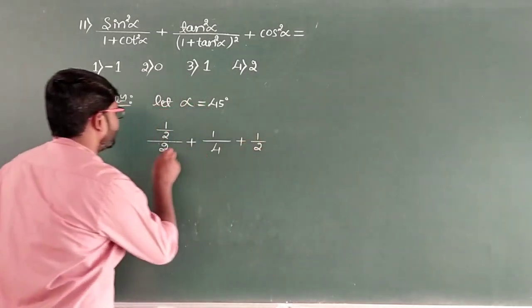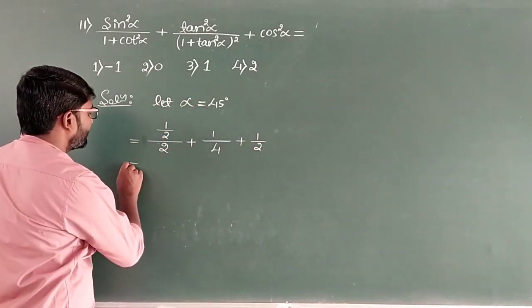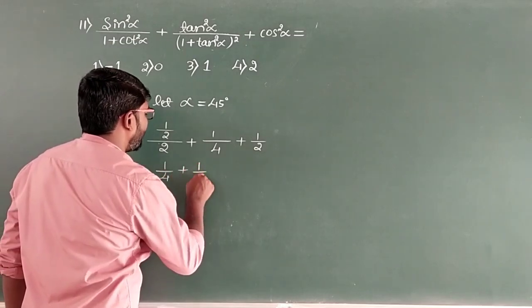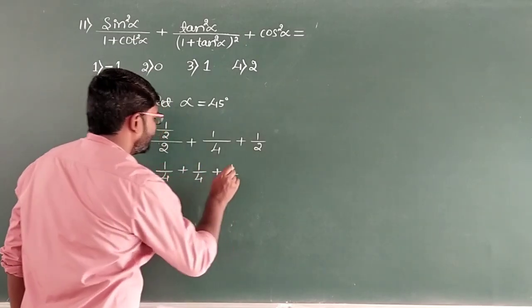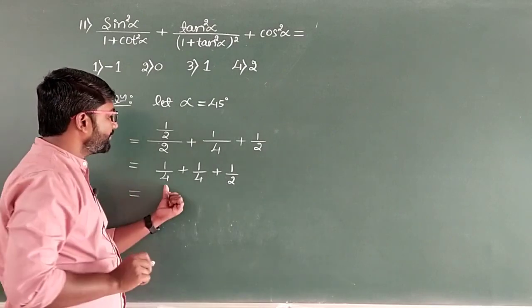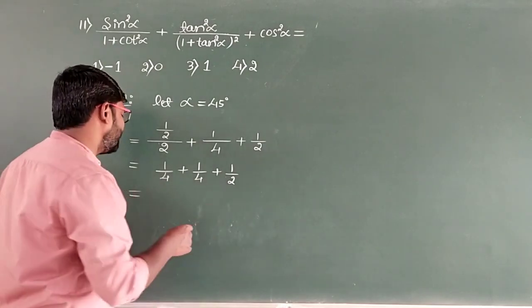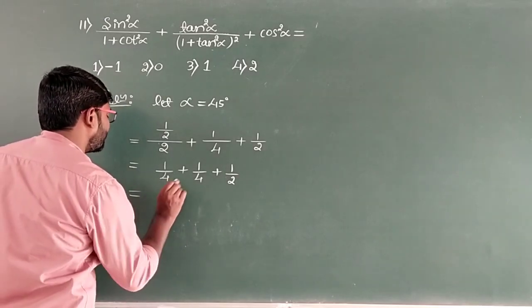So we simplify: this becomes 1 by 4 plus 1 by 4 plus 1 by 2. 1 by 4 plus 1 by 4 is 1 by 2, and 1 by 2 plus 1 by 2 is 1. So overall the answer is 1.